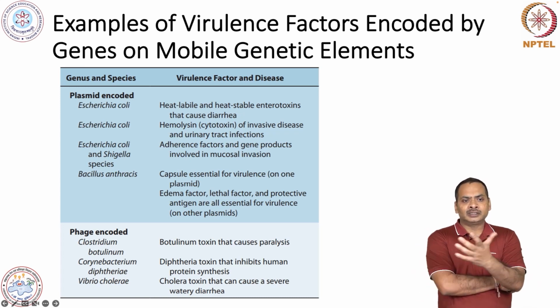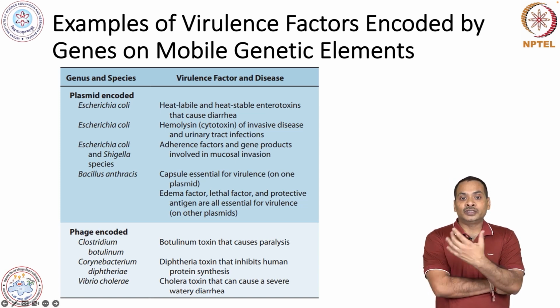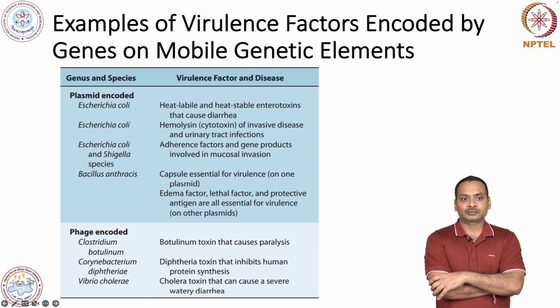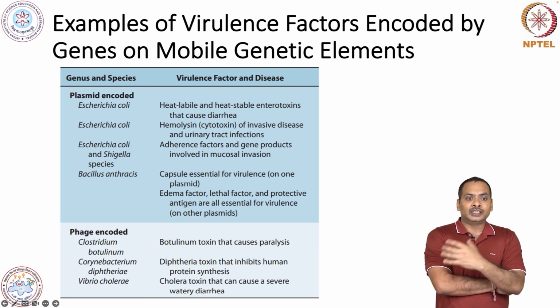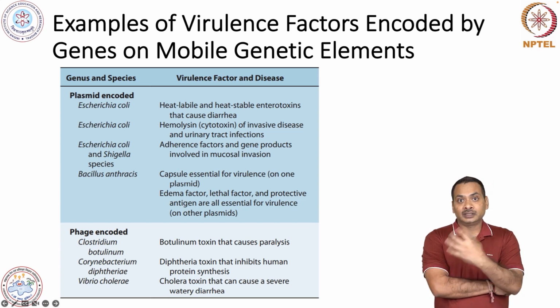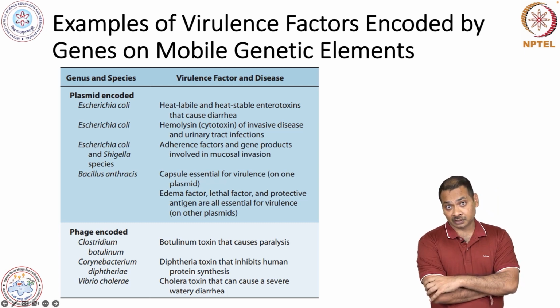Another plasmid in the same bacteria can encode hemolysin or cytotoxin for invasive disease and urinary tract infection. Escherichia coli and some species of Shigella have plasmids that encode adherence factors and gene products involved in mucosal invasion.